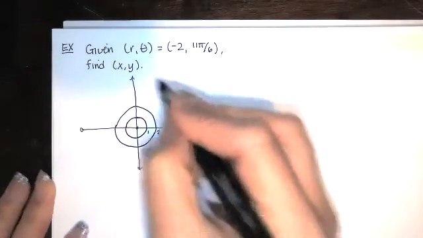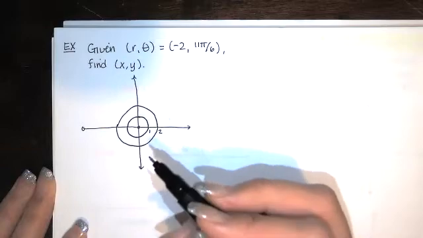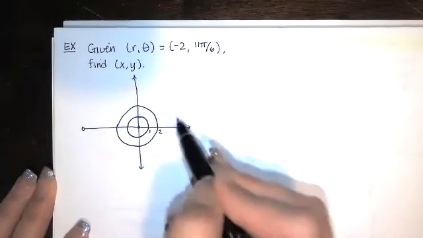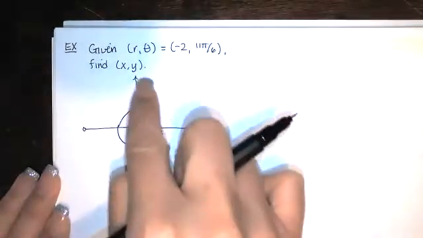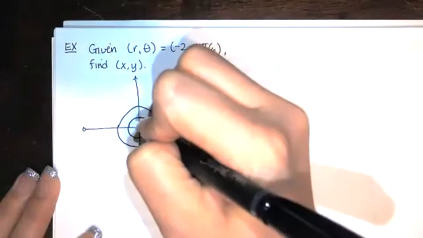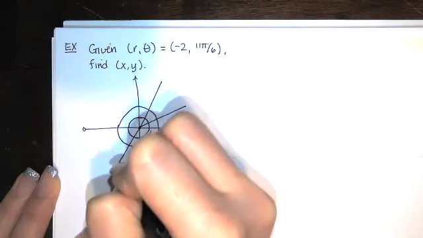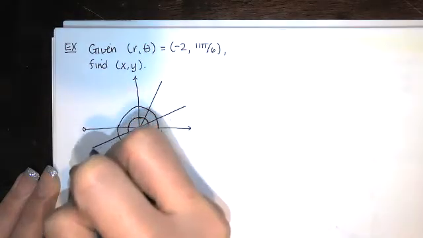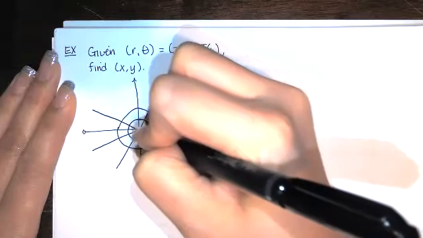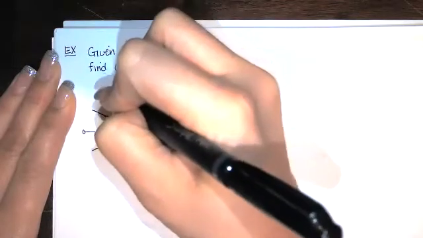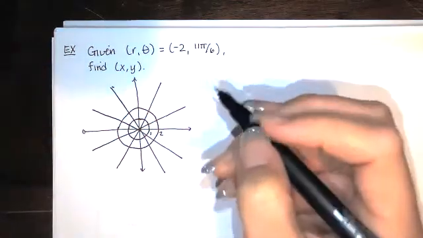And then our angle is 11 pi over 6. So that means I need to divide this into 12 pieces. I've got this pi radians up here split into 6 equal pieces, so I have to take each of these 90-degree angles and split them into 3 equal pieces. I'm going to do the best I can. Okay, it's not perfect, but I hope you get the idea.